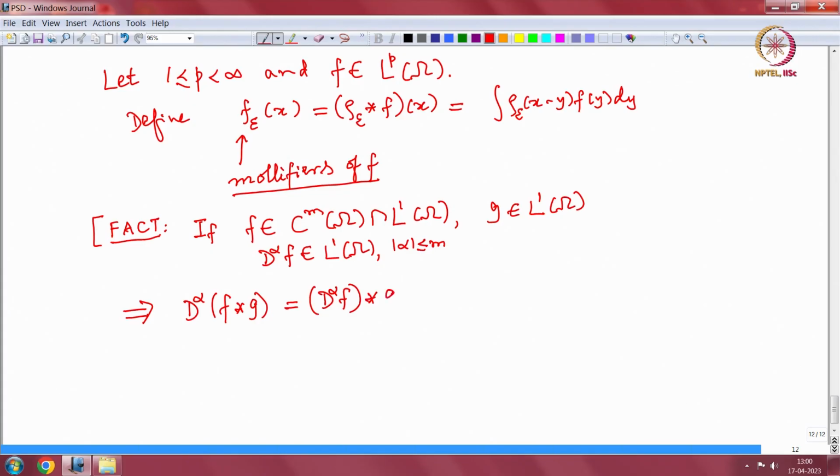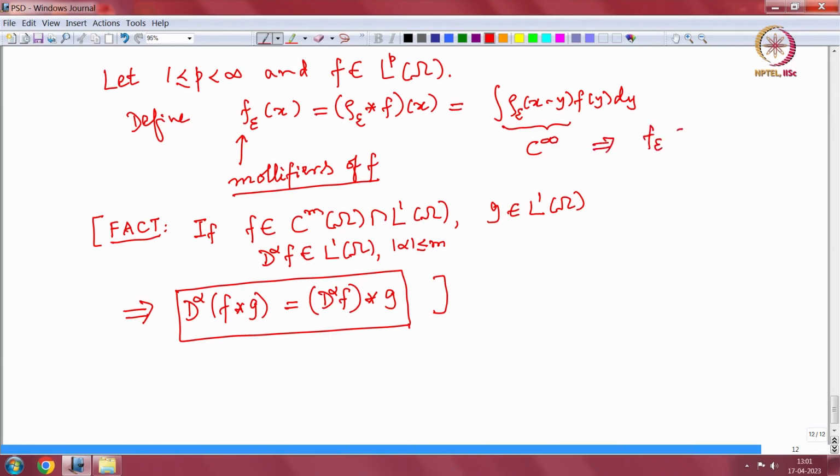This is an important property of the convolution. If one of the functions defining the convolution is smooth with its derivative again in L1, we can transfer the derivatives of f star g to that function. It is sufficient that one of them be smooth. In our case, rho epsilon is a C infinity function, so this follows straightaway.